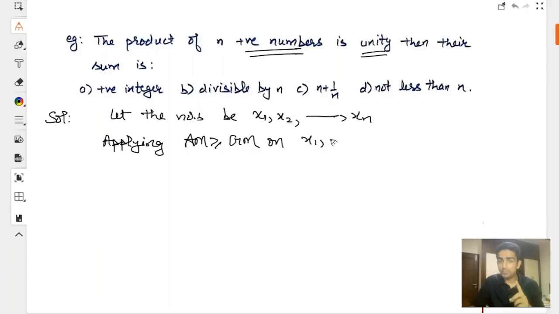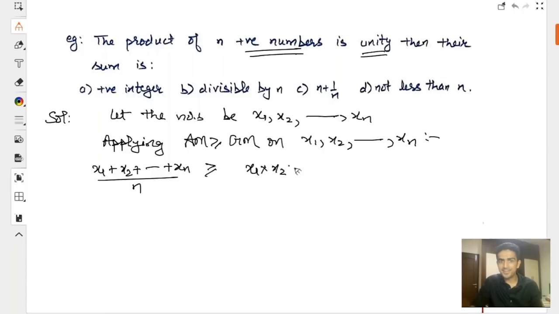Important, you apply AM greater than equal to GM on the terms which are involved in the expression. So what will be their AM? AM of x1, x2, so on to xn is this. And what is their GM? Their product raised to power 1 by n.